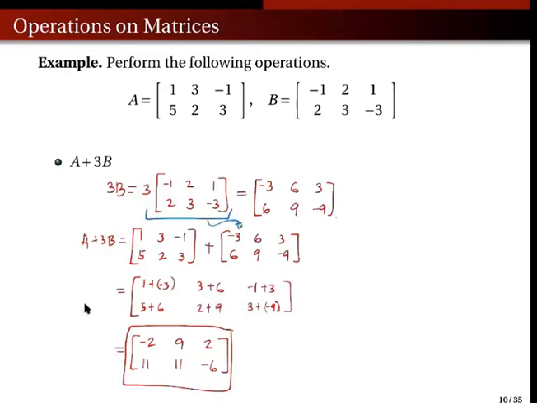And then on the next line, you can do the 3B, and then you can add, etc. So you don't have to separate the 3B in the computation. That's what I am saying. You can just have A plus 3B immediately. Any questions?